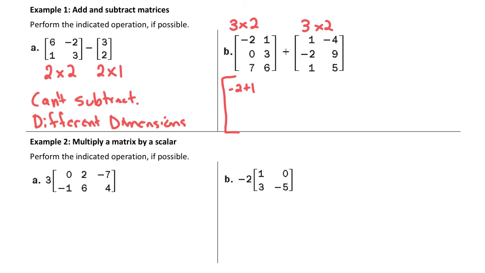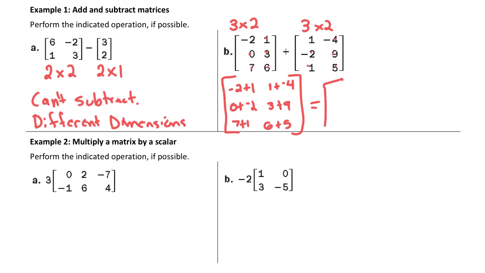And then 1 plus -4. So that's my first row. My second row, 0 plus -2. So these two elements. And then 3 plus 9. My last row, 7 plus 1. And then 6 plus 5. So it looks a little messy, but it helps us kind of organize things.